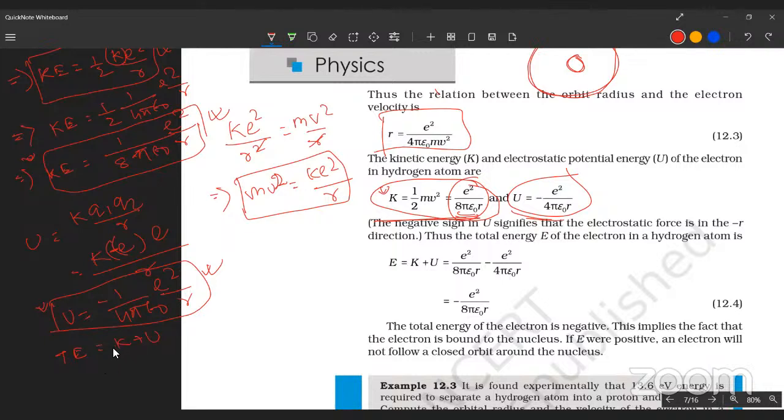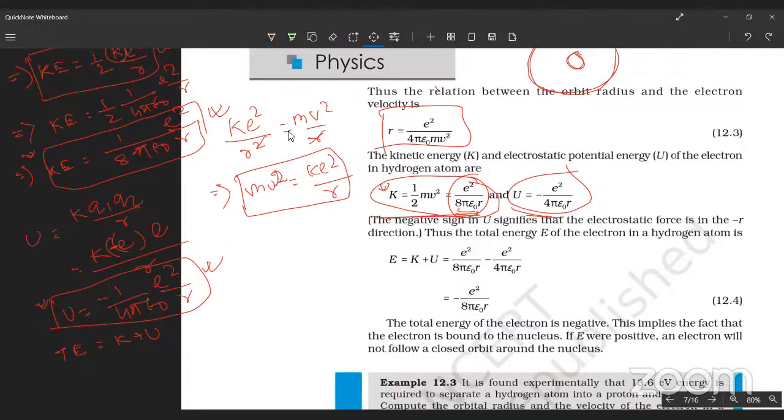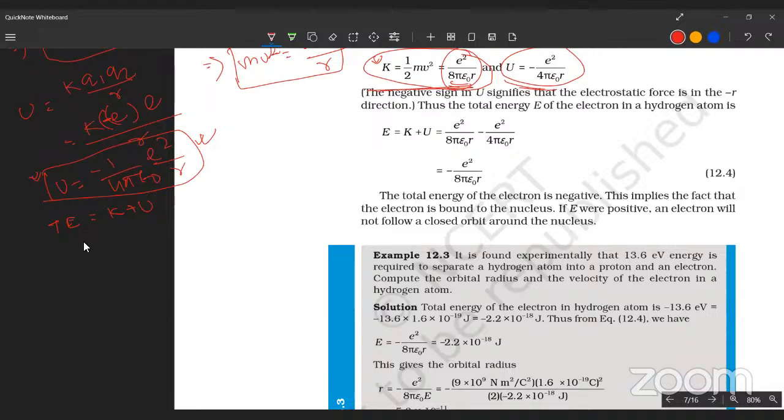We will just sum those up. Now kinetic energy is 1 by 8 pi epsilon naught R, E square, and potential is minus E square by 4 pi epsilon naught R. So if we add them, what will we get?